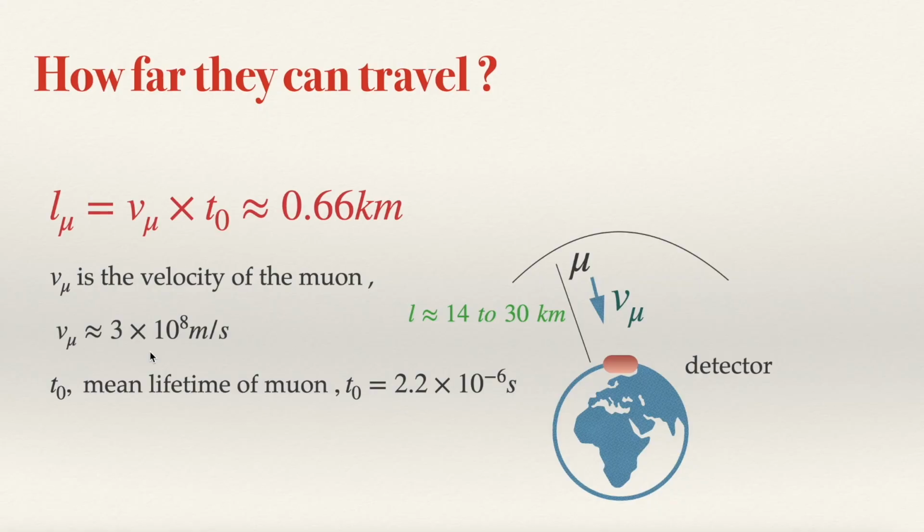If we take the speed as equal to the speed of light, then the length it travels is approximately 0.66 kilometers. That means the distance between the point where it is produced and the detector is more than 14 to 30 kilometers, and it can travel only 0.66 kilometers. That means it will decay before it reaches the detector.